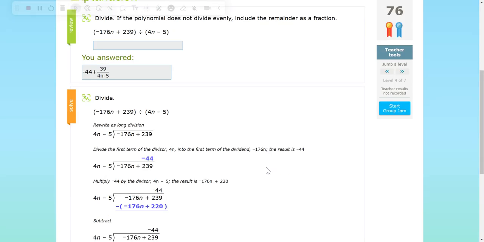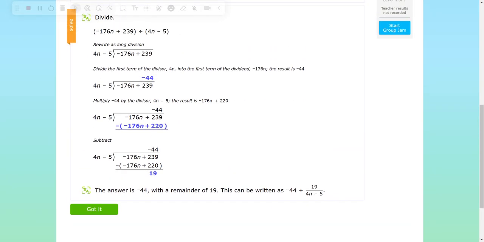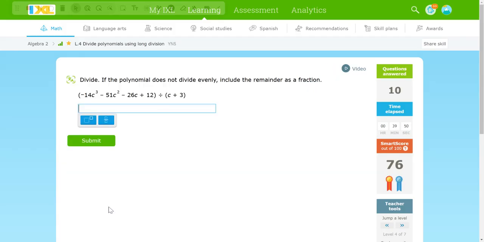Let's see the work: negative 44, you multiply them back, negative 176n, and then negative 44 times negative 5 is 220. Subtract, so it comes out 19. I learned from my error. Let's do the next one.